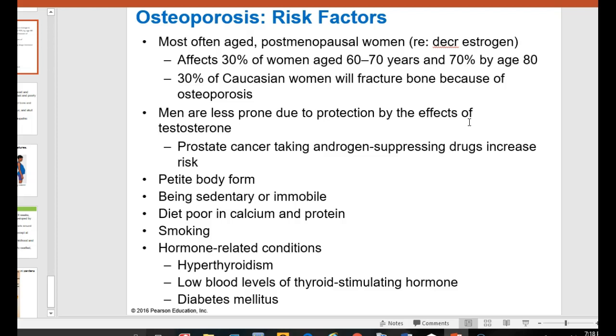If we don't have the raw materials, calcium and proteins, to make calcium phosphate or hydroxyapatite and the collagen fibers, the proteoglycans that make up the matrix, then we can't make bone. Smoking is another risk factor because the chemicals in smoke are ones that cause mutations in the DNA.